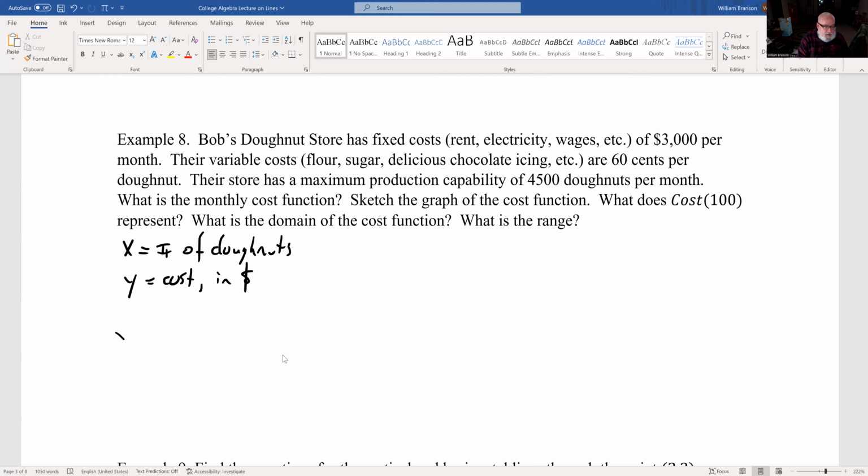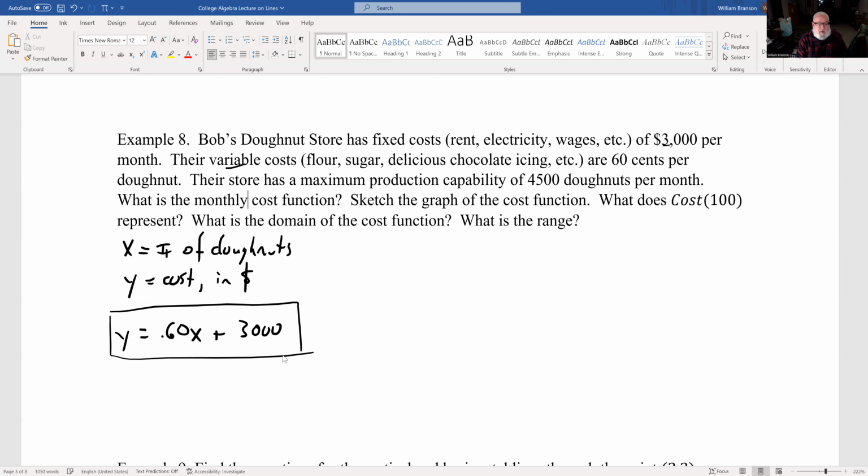So what does it cost? Well, 60 cents per donut, that's $0.60 times x. Make 10 donuts, it costs you $6, plus your fixed costs. So the variable cost is the slope, the fixed cost is the y-intercept. Maximum production of 4,500 donuts per month. So this is the monthly cost function.